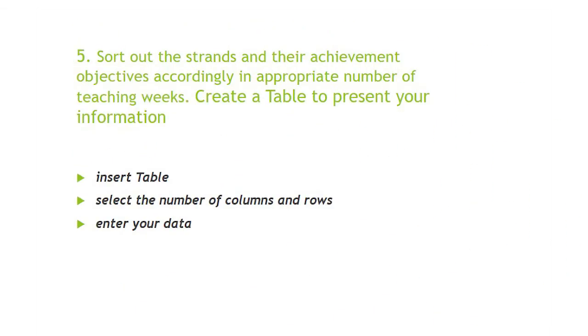Then the fifth one, sort out the strands and their achievement objectives accordingly in the appropriate number of teaching weeks. So create a table to present your information. Insert the table, select the number of columns and rows, and then enter your data. The example is given.